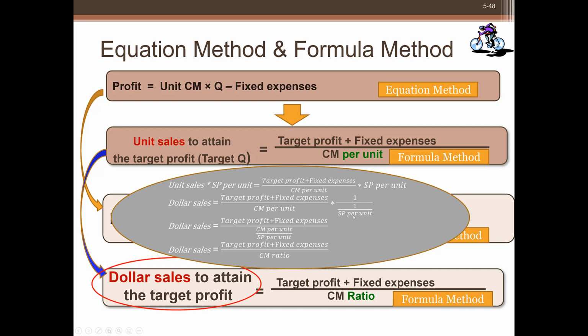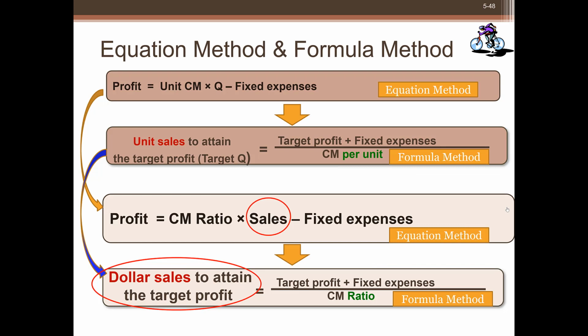For the right-hand side, we rewrite selling price per unit as this. And then we can rewrite the denominator as contribution margin per unit divided by selling price per unit, which is contribution margin ratio. That's why we can get the right-hand side as target profit plus fixed expenses divided by contribution margin ratio. This is the formula method to calculate the dollar sales.